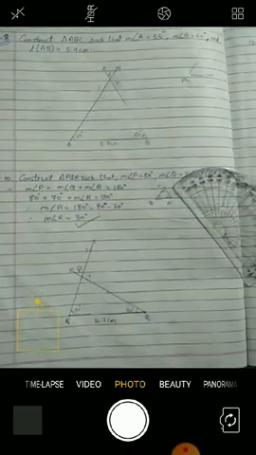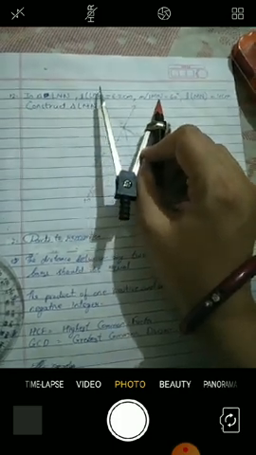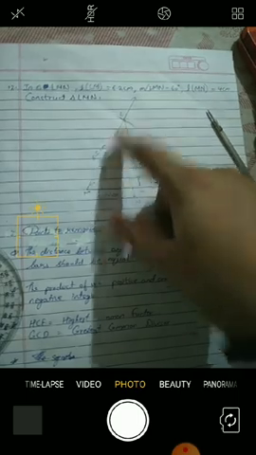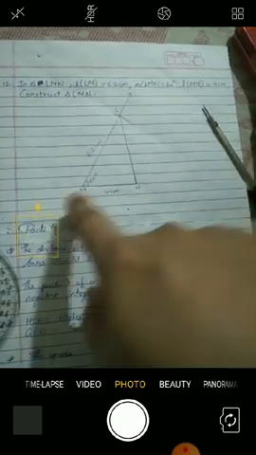Okay. Next, in triangle LMN, length LM equals 6.2, angle LMN 60 degree, length MN 4 centimeter. Construct triangle LMN. So LMN, MN is 4 centimeter. We got it.